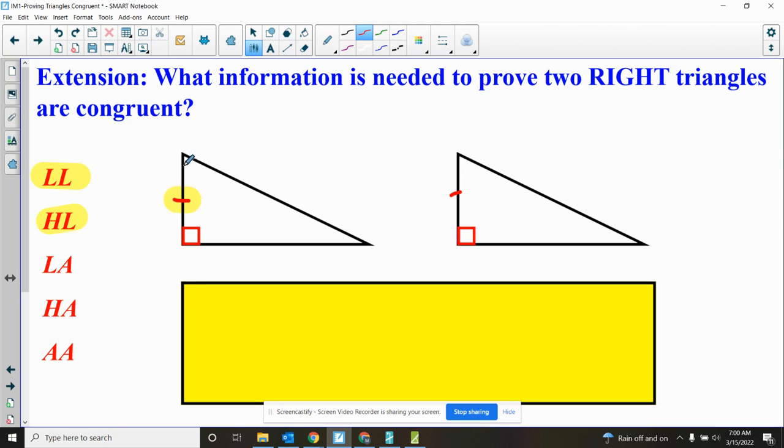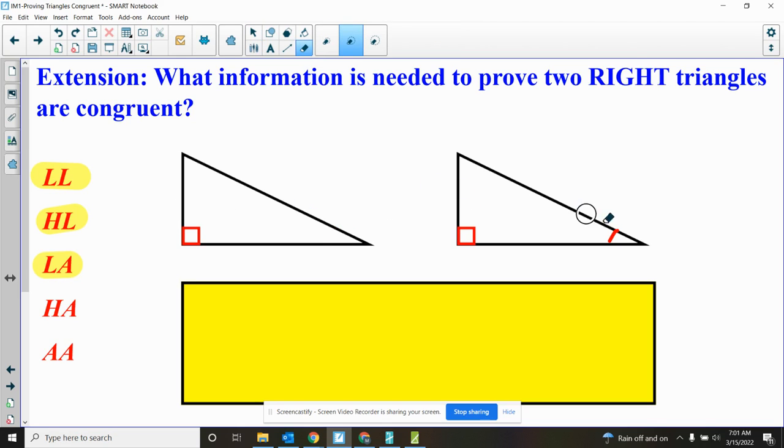If it's this top angle here, well, then what we have is ASA, angle side angle. And we already know that works. Okay, what if it is instead the other angle? Well, then it's AAS. And that's another method that we know already works. So yeah, LA, that's going to work every single time.